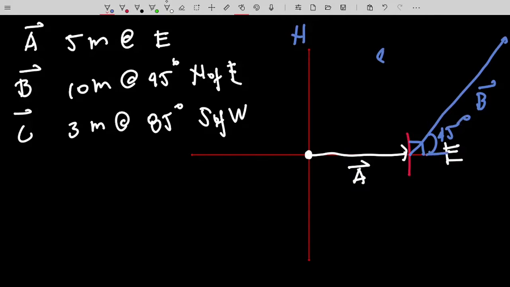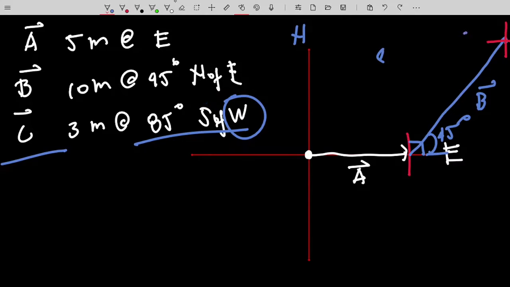Now how about the vector C? Again, draw a mini Cartesian plane here. We know that we have 85 degrees south of west. So how should we measure this one? Starting from west, you are going to count 85 degrees to your south direction.